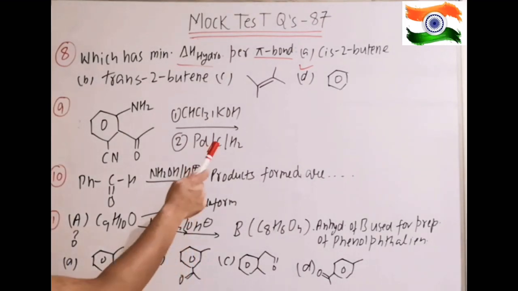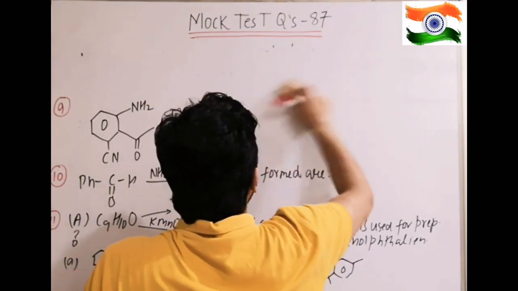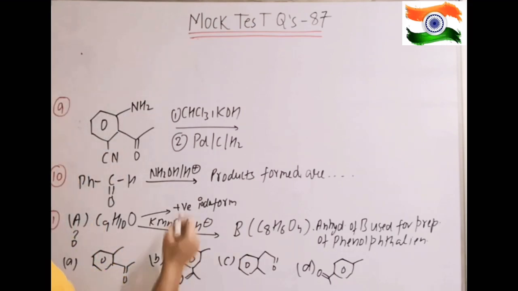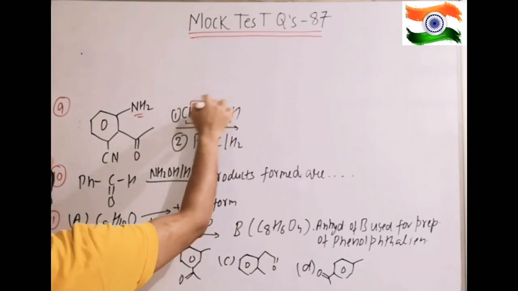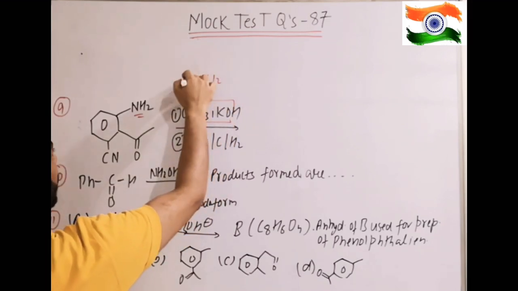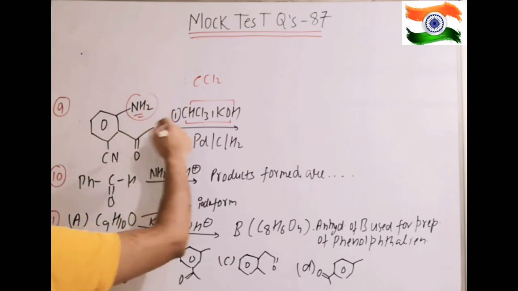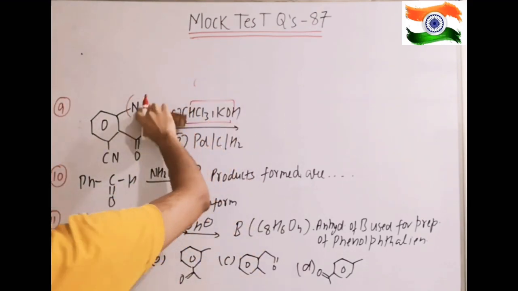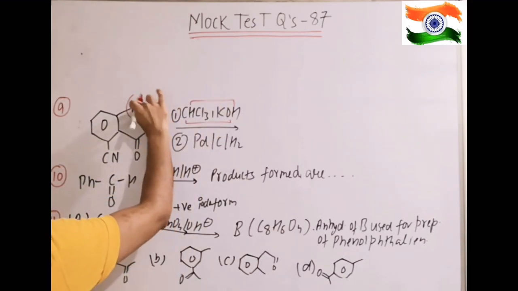Ninth question, write down the final product. Firstly, CHCl3 and KOH, a reagent you have done before, and NH2 is present. This mixture generates dichlorocarbene, and with NH2 it undergoes attack on the NH2 and gives the carbylamine test, which is isocyanide formation. So that thing you should also quickly find out.